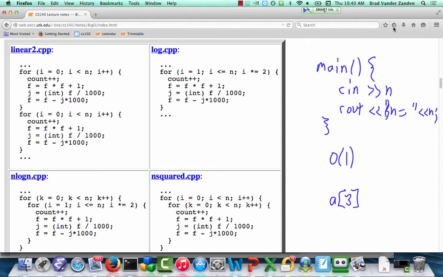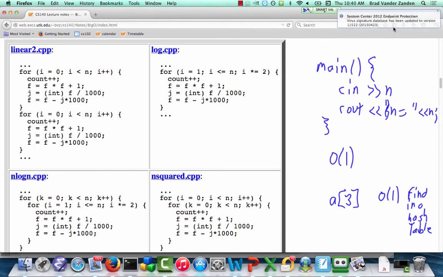When we say that it's order 1 time to do a find in a hash table on average, if you think about the operations in a hash table, it calculates the hash function, which we typically assume is constant time. That key is used to find an entry in an array.